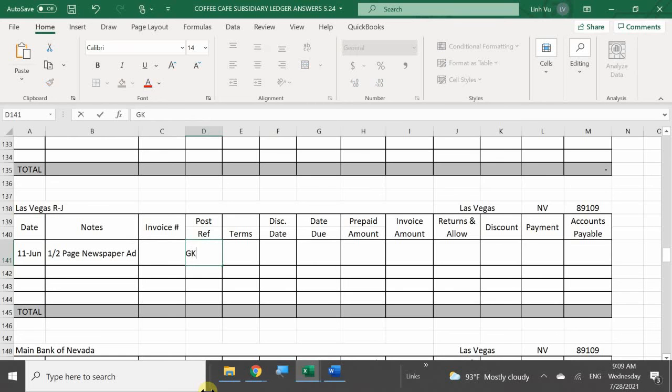General Journal, once again, is 4, right? In this case, we just went there and we just paid them. So obviously there's no terms because we paid at time of service, or at time of sale. So in this case, the minute that we were quoted, we paid right away.